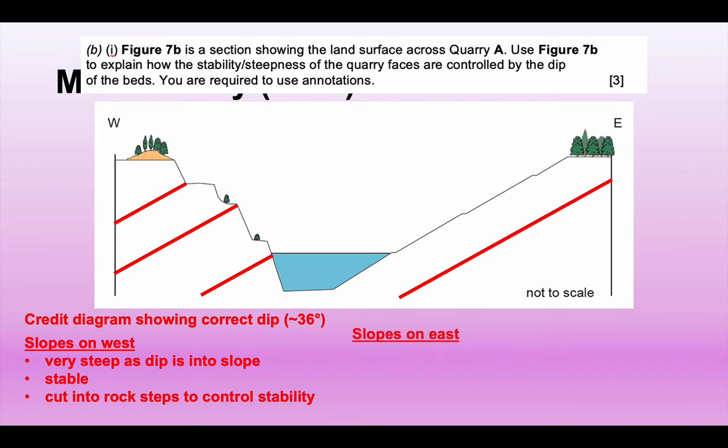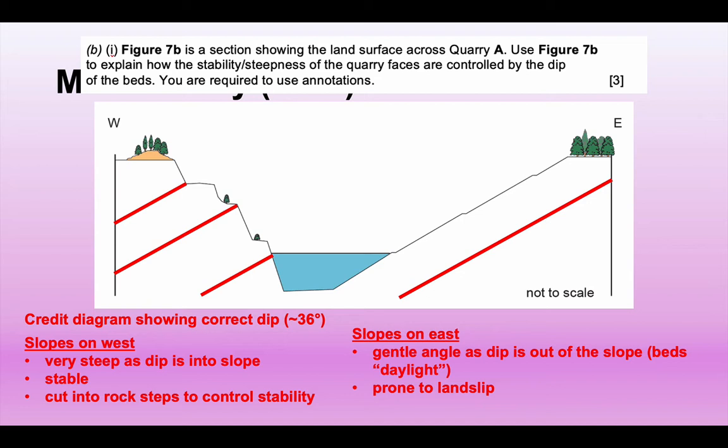The slopes on the east, on the other hand, clearly from this diagram, are much gentler because the dip here is coming out of the slope. There's a possibility of beds daylighting, appearing in that bedding plane or in that surface of the quarry, so that surface is cut pretty much parallel to a bedding plane, possibly even a longer bedding plane.